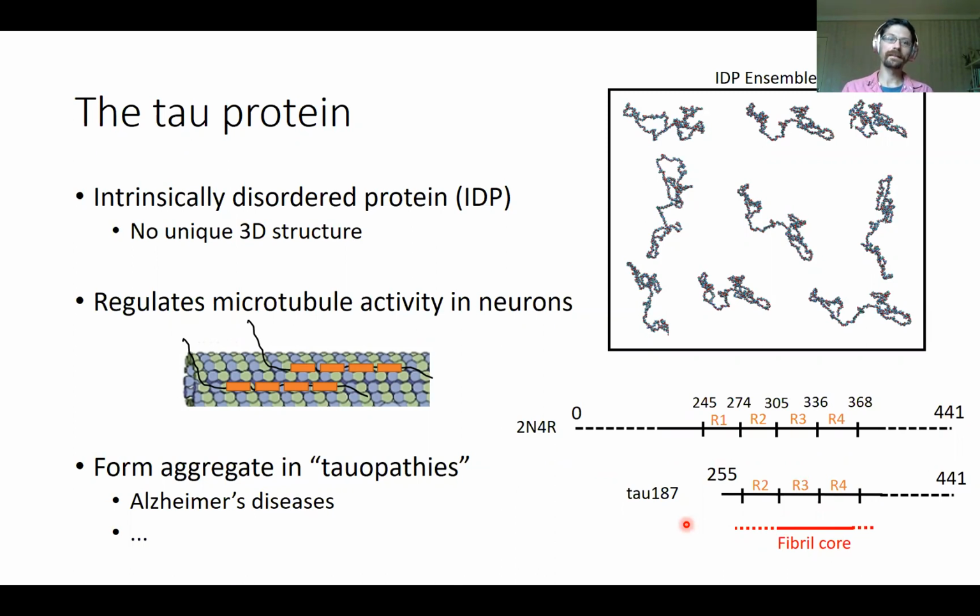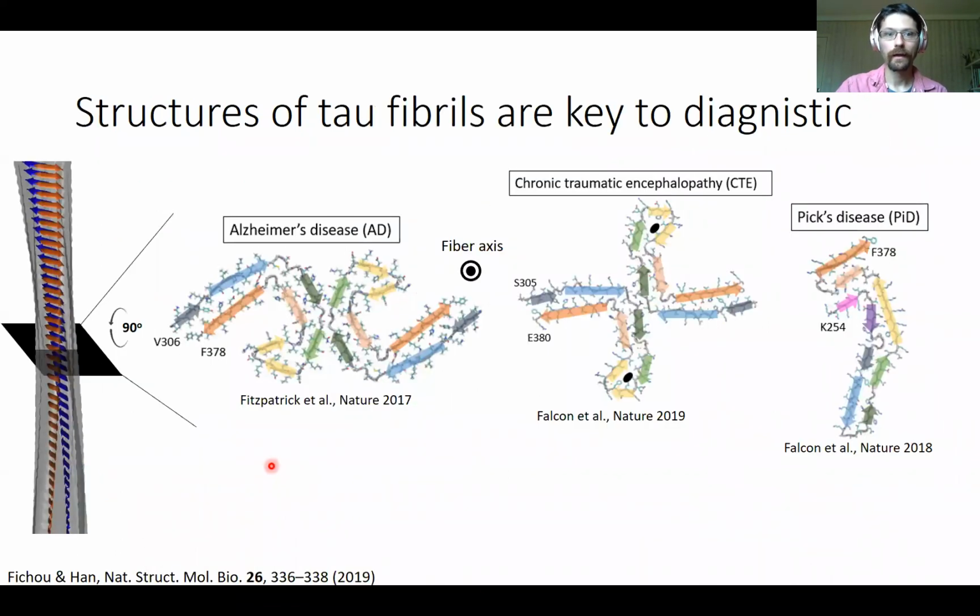So indeed, tau can form amyloid aggregates in a class of diseases that are called tauopathies, among which the most well-known is Alzheimer's disease. Now, to really understand the complexity of those aggregates, there is one more thing we need to know. If you take a perpendicular, transversal slice of those fibers and look at the conformation of the protein, it can take many conformations.